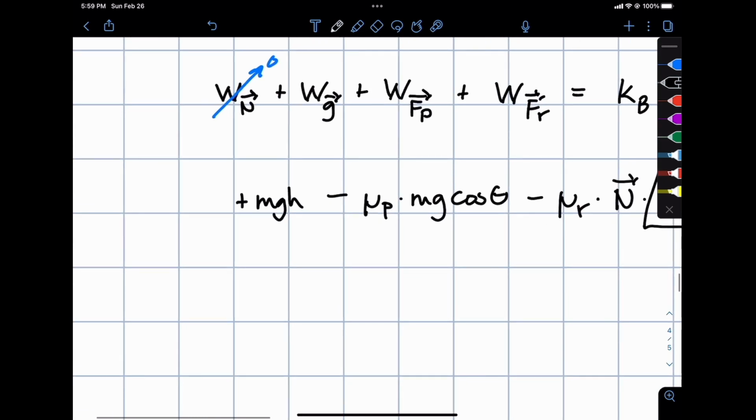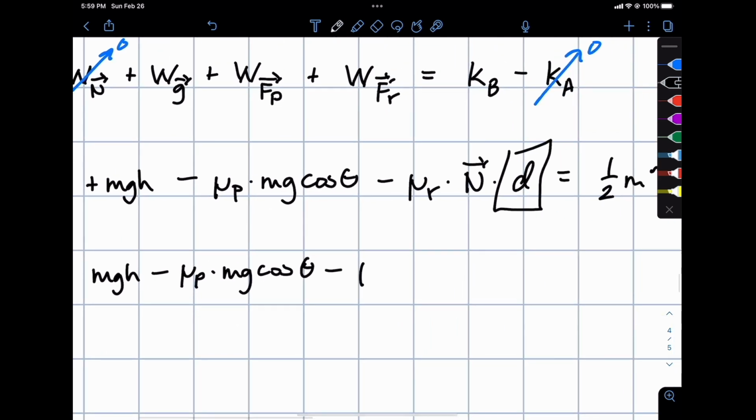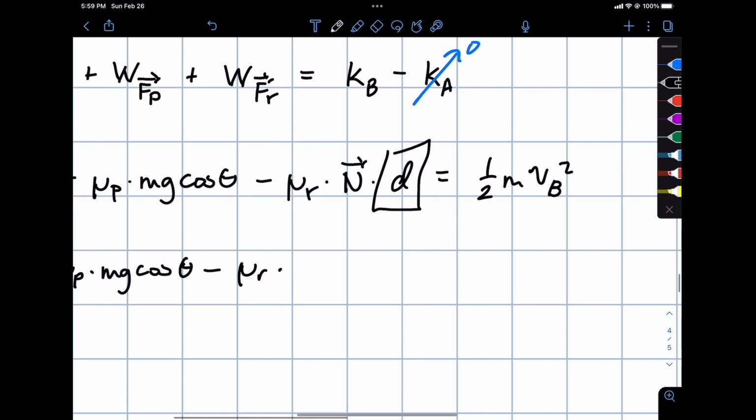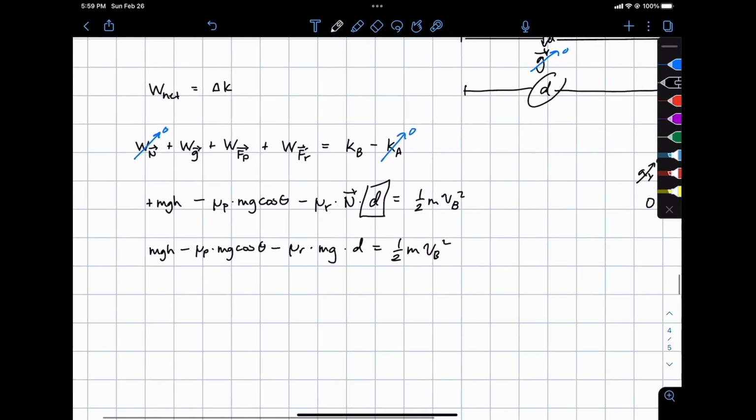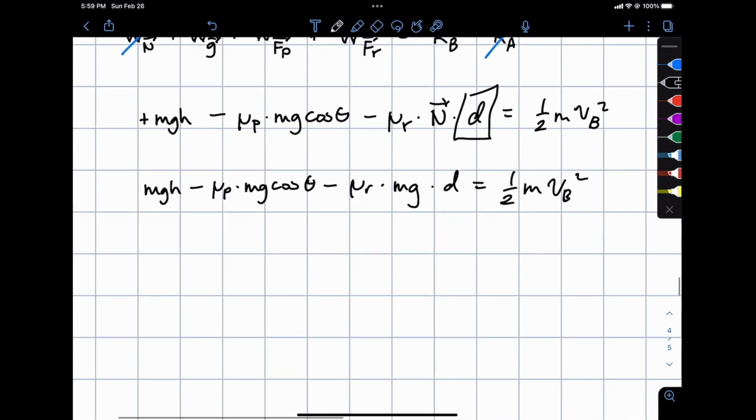So we can rewrite our equation as mgh minus mu p times mg cosine theta minus mu r times mg times d equals 1/2 m vb squared. And we can solve for d. Let's move things little by little to both sides.